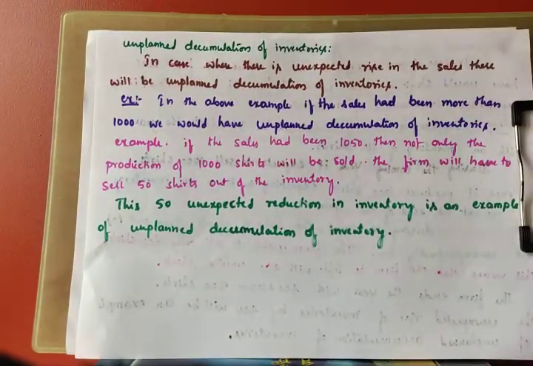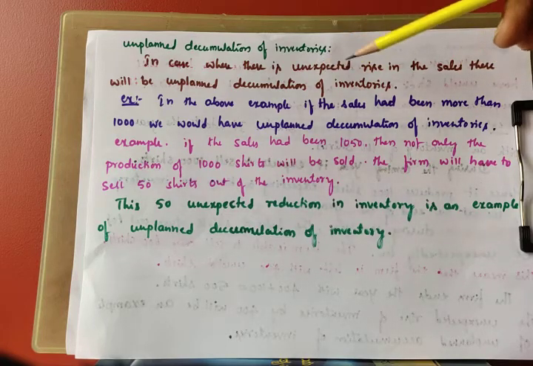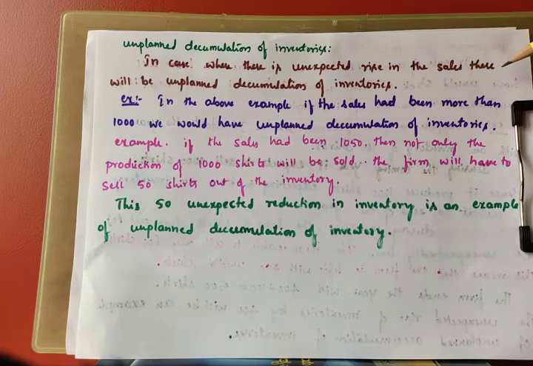What we discussed up to that was unplanned accumulation. This is unplanned decumulation of inventories. Where there is an unexpected rise in the sales, there will be unplanned decumulation. In the previous case, unplanned accumulation, there was an unexpected decrease in sale, that is a fall in sales, but here there is an unexpected rise in the sales.